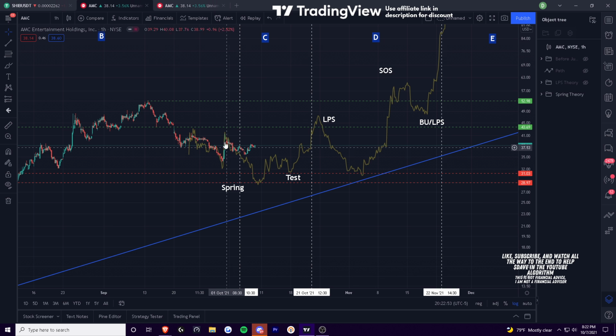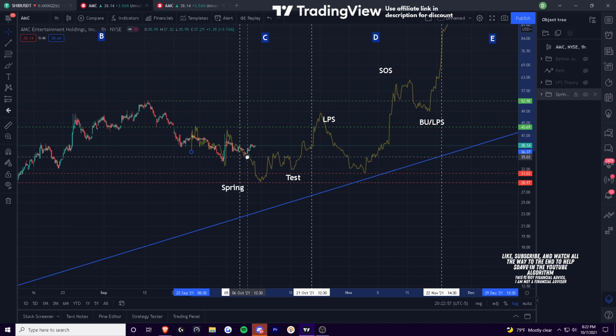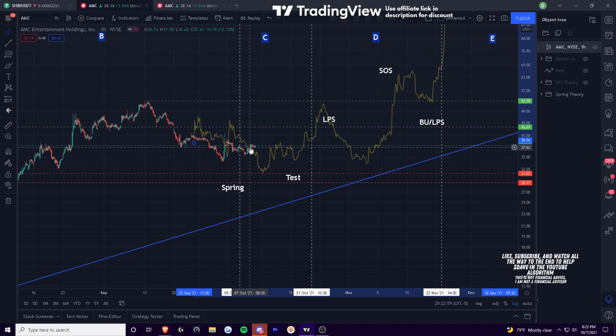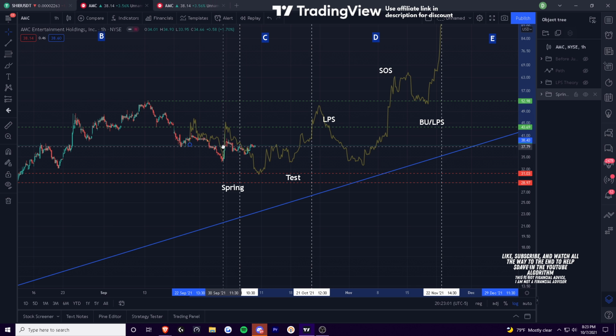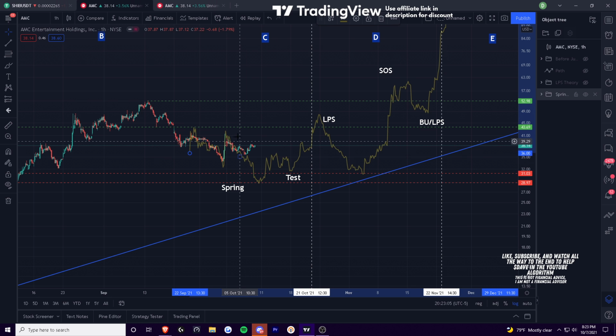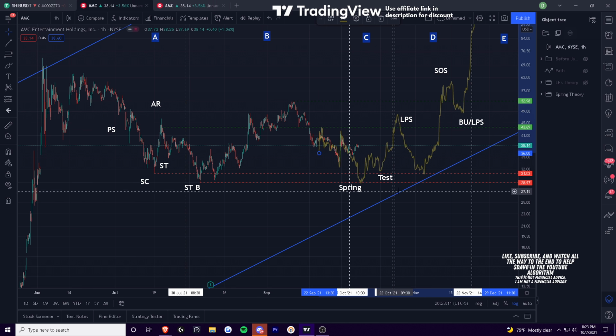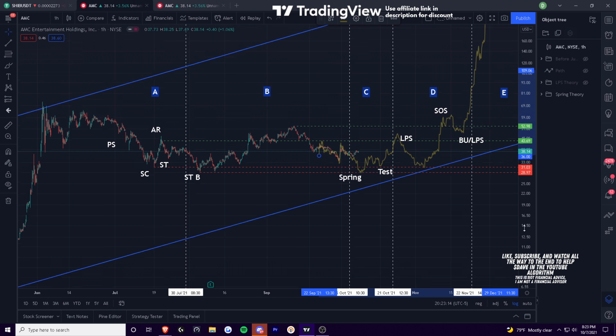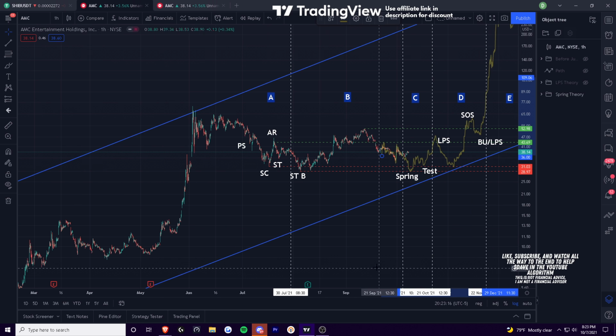If we were following the same exact pattern, and again, I'd have to catch up on his, maybe this little peak is like here, and it's probably never going to be exactly perfect, right? But I would say that his projection would be calling for a dip of sorts. That would be basically a spring, and then a test in the Wyckoff schematic.